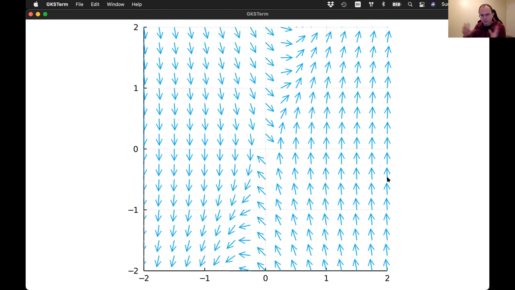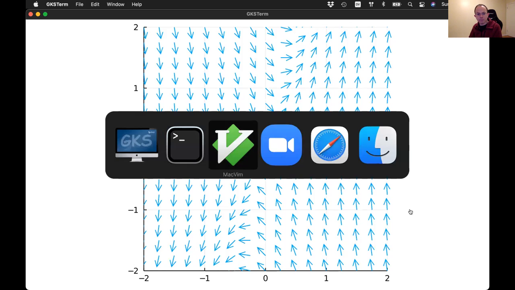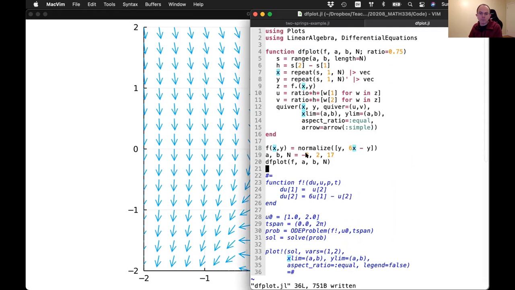Oh, maybe I should make the direction field bigger, because 1, 2 is actually up at the top here. So maybe let's replace this with, let's see, 5, maybe 5.